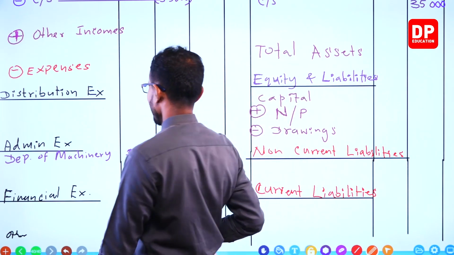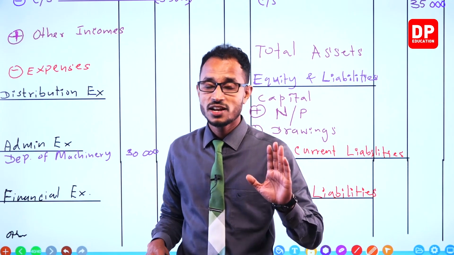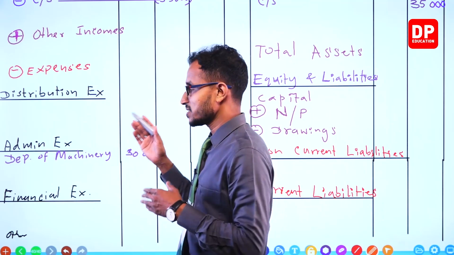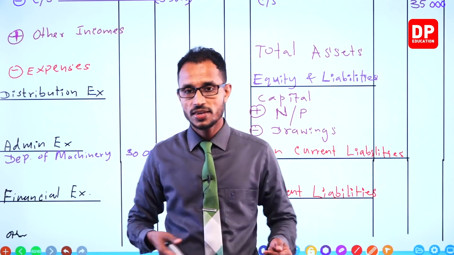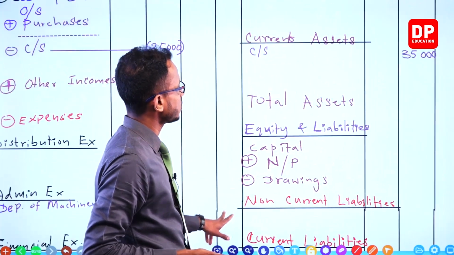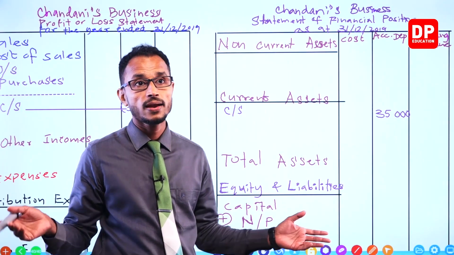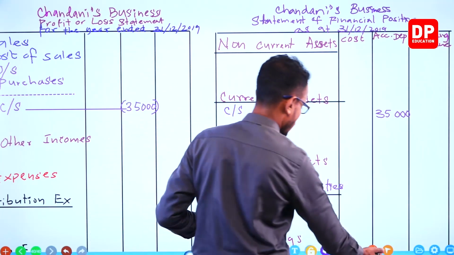Right, then you know that each and every additional information should go to both statements. It's entered here. Now where should you enter it? In the SOFP, under non-current assets.